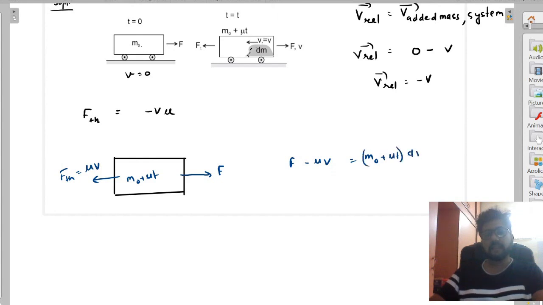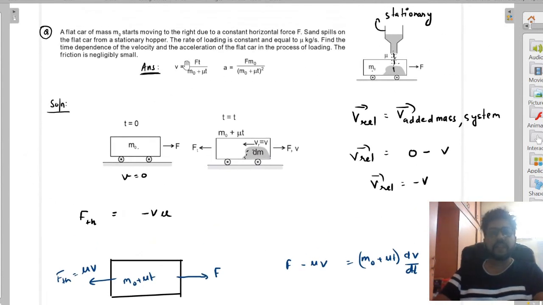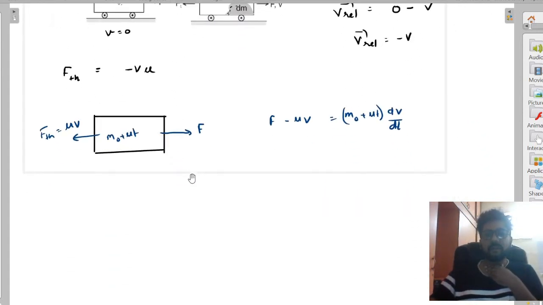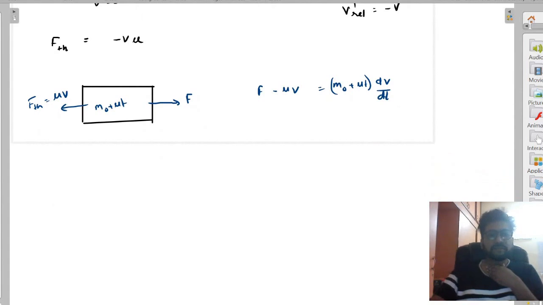Okay, now what they have asked us is to find the time dependence of velocity and the acceleration of the flat car in the loading process. So here this dv by dt is the acceleration of the flat car.